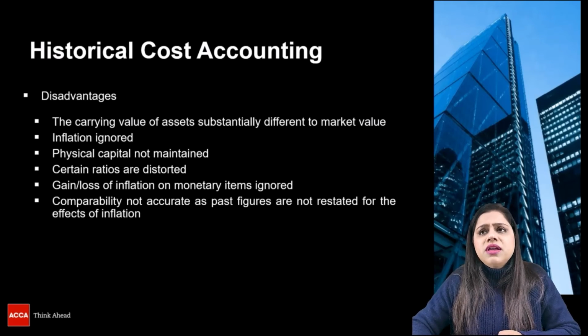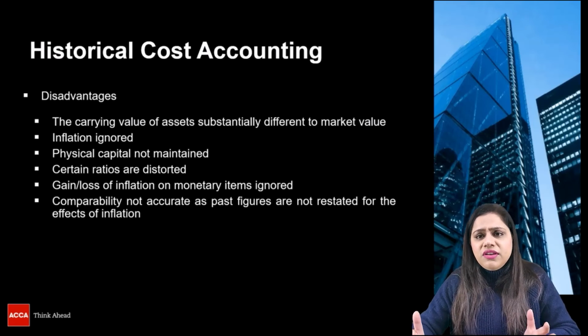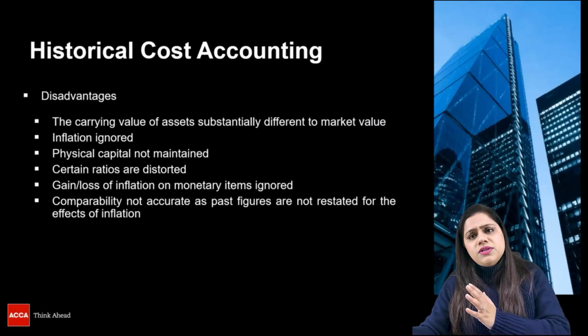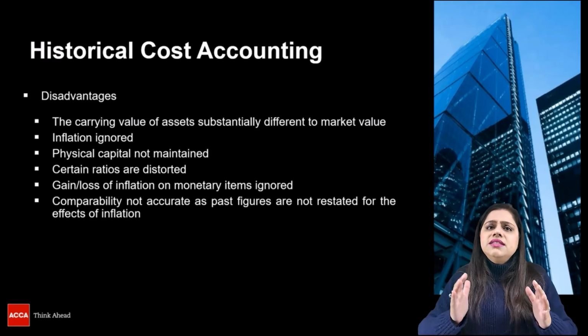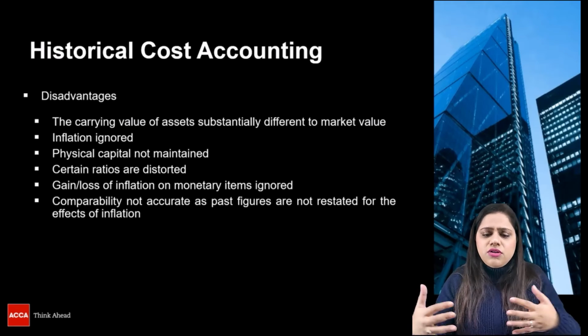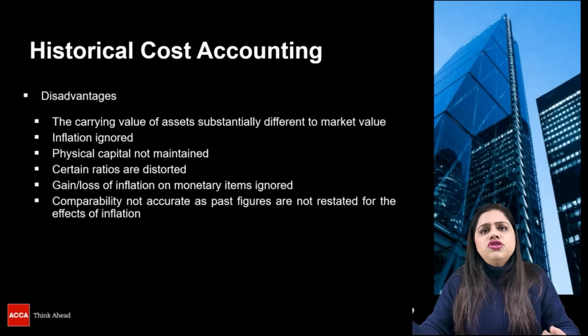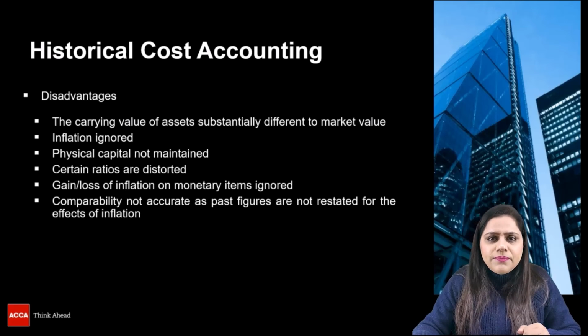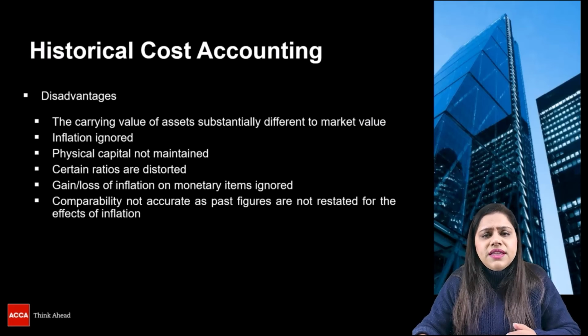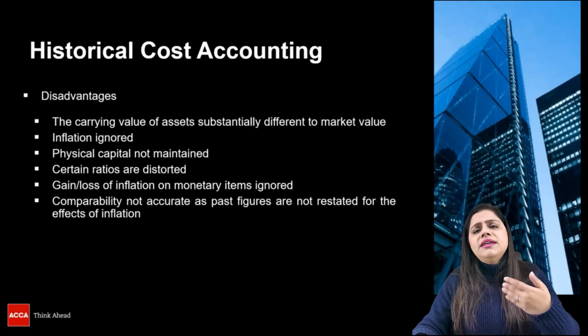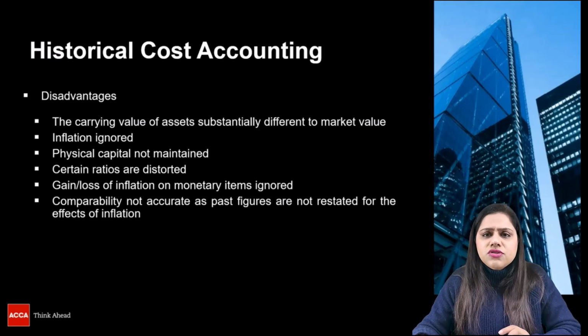Let's suppose we are talking about asset turnover. If the assets are of the value which was there, let's suppose, 8 years ago, and the sales we are taking are of today, they are not like with like, and the ratios are not going to be correct. Then gain or loss of inflation on monetary items is ignored, just like we discussed. The inflation part is not there, and overall the monetary items impact, gain or loss, everything is lost.